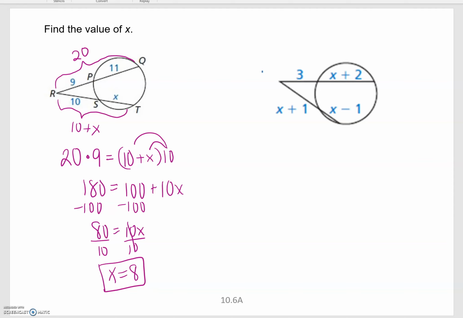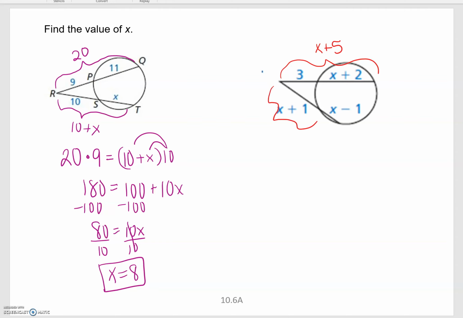For the second one, again, I have two secants. So my first step is going to be figuring out what the entire thing is. Remember, that is just like adding those two pieces together. So I have 3 plus x plus 2, which is the same thing as x plus 5 here.